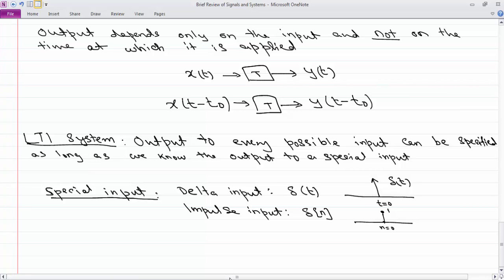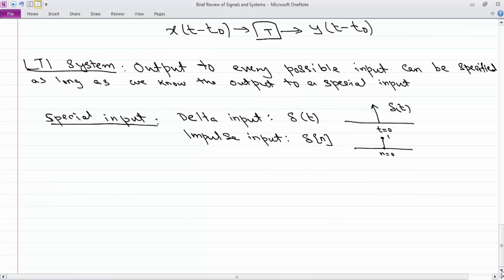Right? So if you know the output of an LTI system to this special input, this input in general we call just an impulse. So if we know the output of the system in response to an impulse, so if I input delta t, let's say the response I get is h of t.